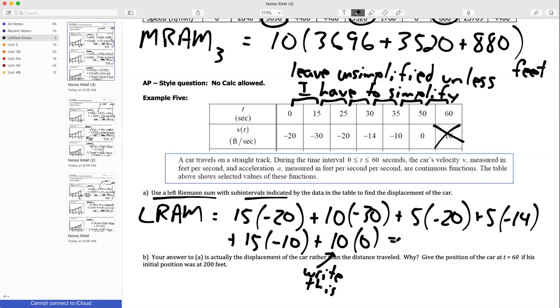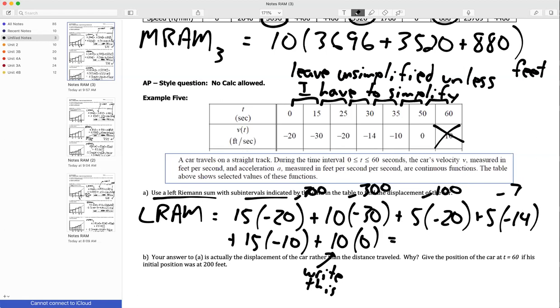I am going to go ahead and find my answer here because I will need it on the next question. But you can put those calculators away because this is non-calculator. So let's see, 15 times -20 is -300. And that's -300, and this is -100.